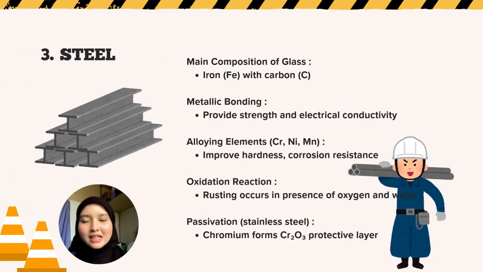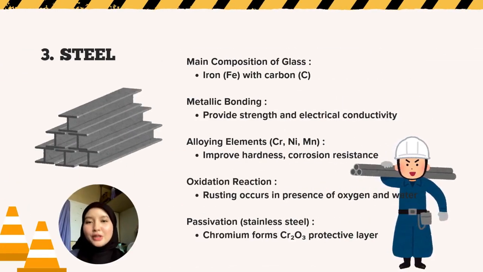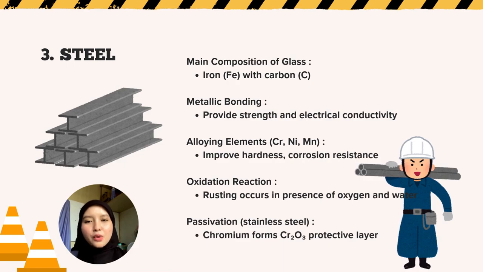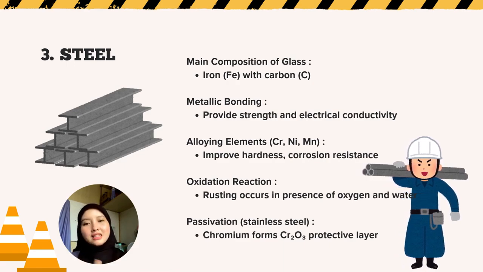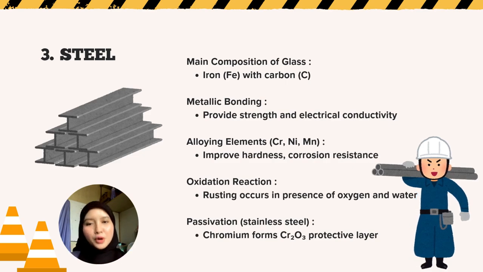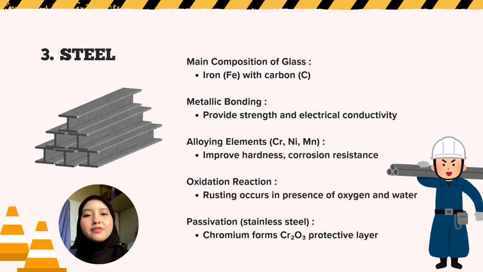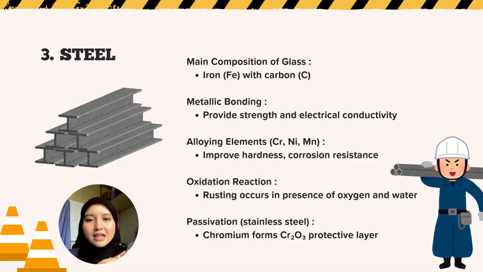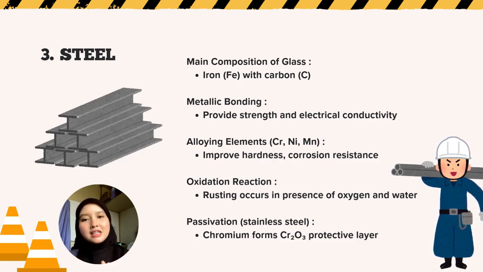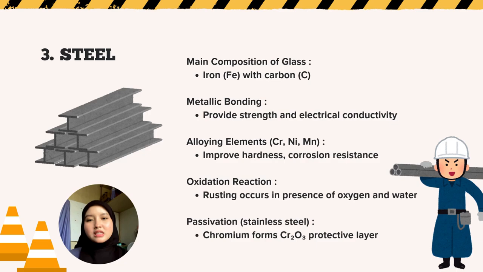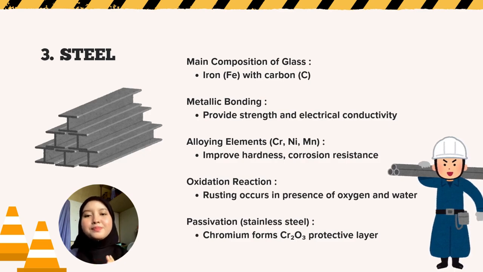And lastly, steel. Steel is an alloy of iron and carbon, where metallic bonding allows atoms to slide without breaking bonds, giving steel its toughness. Carbon atoms fit into the iron lattice, increasing strength and hardness. Steel can undergo oxidation, producing rust when exposed to water and oxygen.